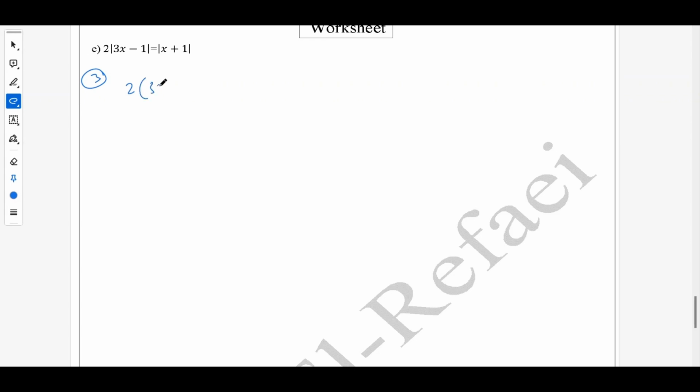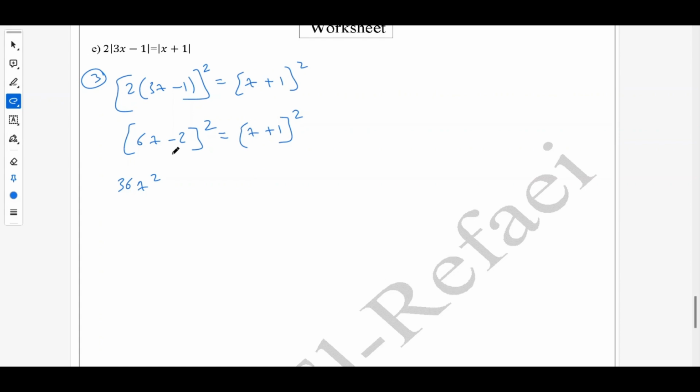2 modulus of 3x minus 1, all squared, equals x plus 1, all squared. 6x minus 2, all squared, equals x plus 1 squared. 36x squared, 6 by negative 2 is negative 12, negative 24x plus 4 equals x squared plus 2x plus 1. 35x squared minus 26x plus 3 equals 0.